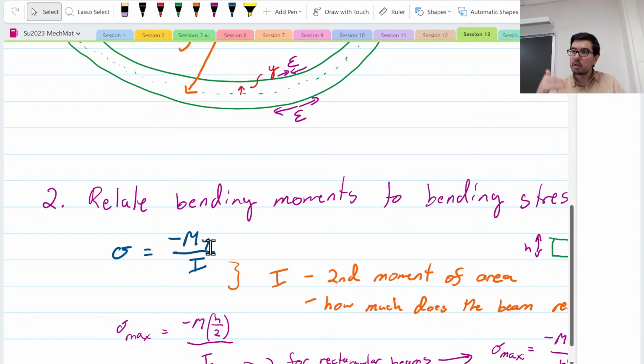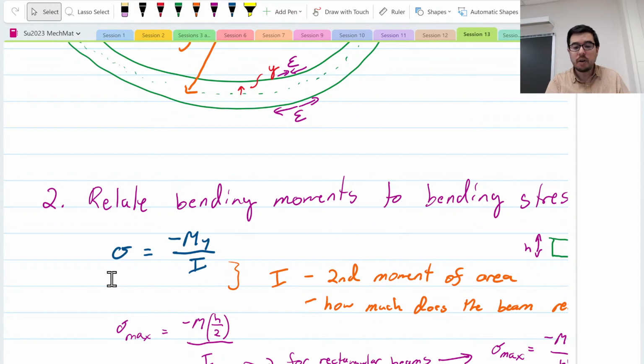Y is still defined by the convention we're using. But that means you have y positive with a negative bending moment, which gives a positive stress, so it's still in tension above. Even if I'm above the neutral axis, y is positive but M is negative, and I is always a positive number, so I get my tension above.